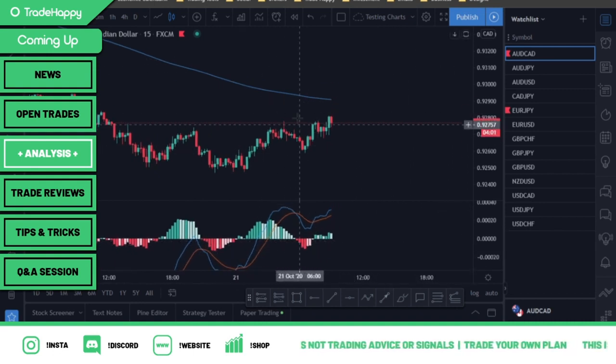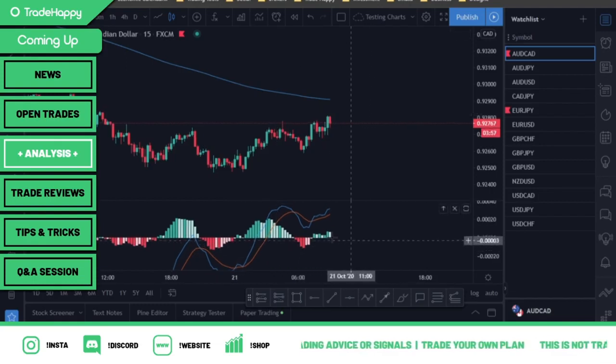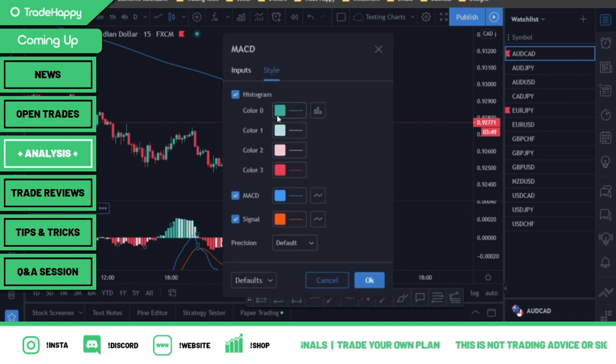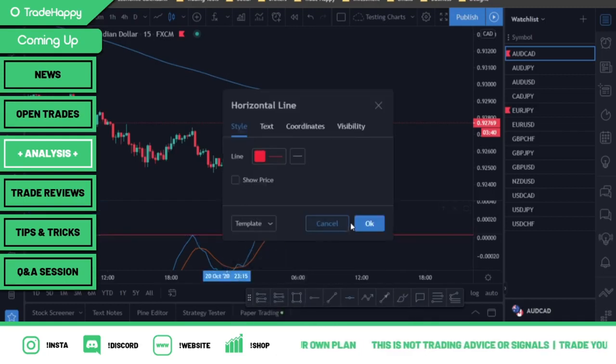Rule number two: if we're below the 200 and only looking for sells, we need the MACD to be above the zero. Let me quickly take off the histograms and drop in a line here so you understand better.